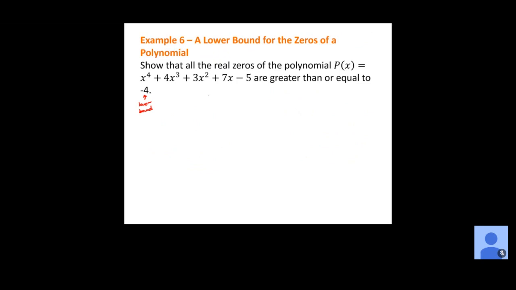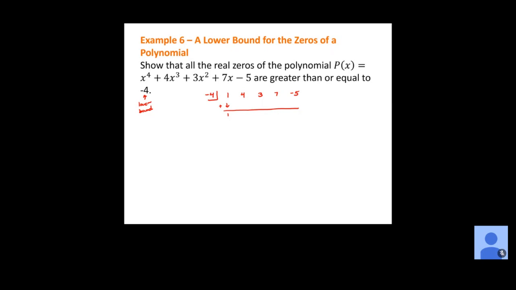So we're going to do our synthetic division here. -4. Coefficients, I'm not missing any terms this time, so I just have 1, 4, 3, 7, -5. Bring down the 1.